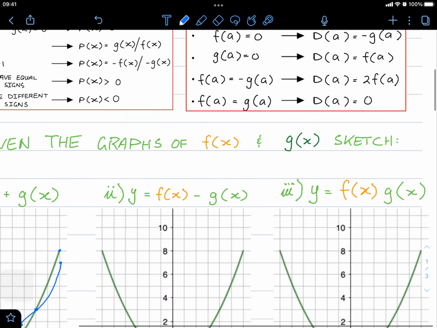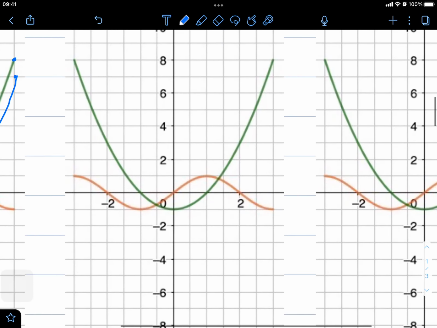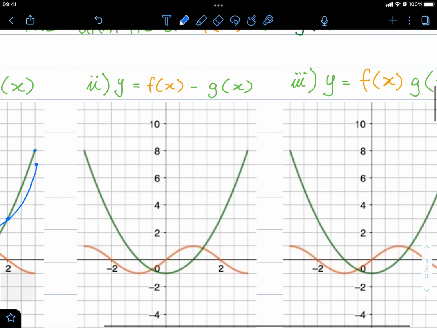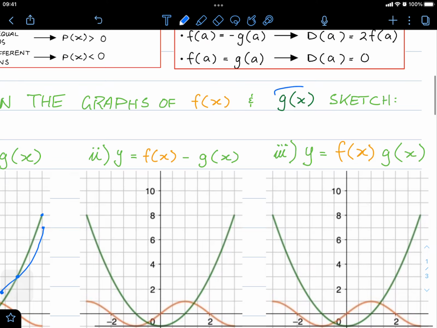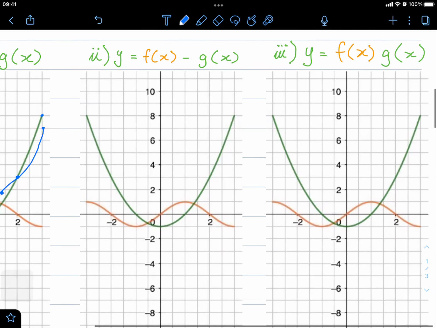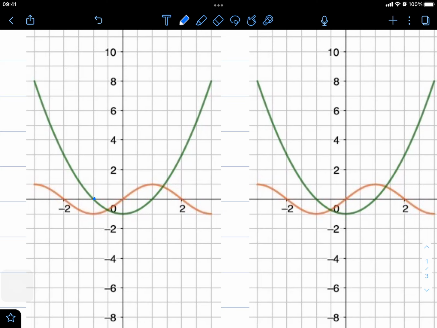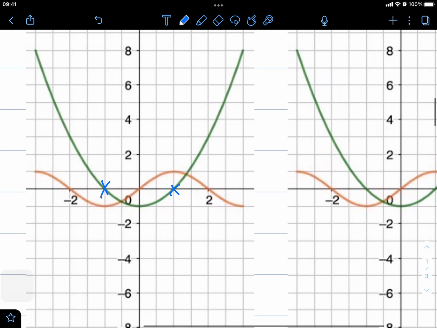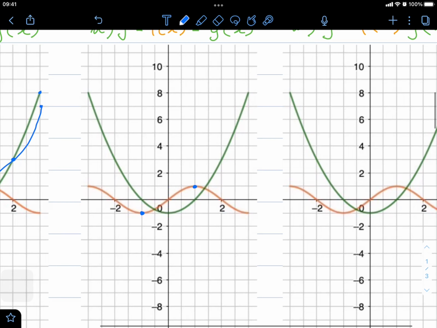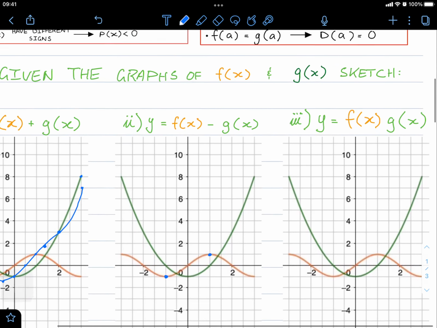So let's find all the points of 0 in g. Where green is 0, f stays where it is. So those 2 points there are where the difference of the two functions is going to go through.